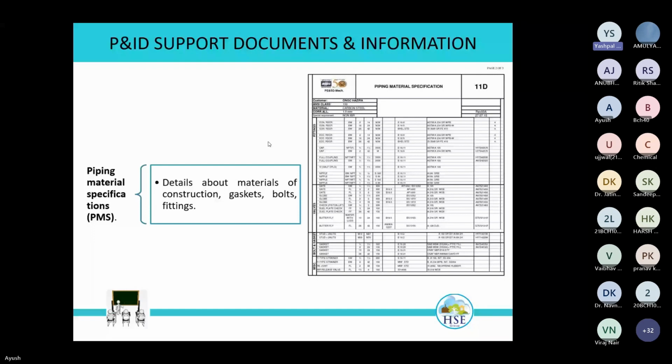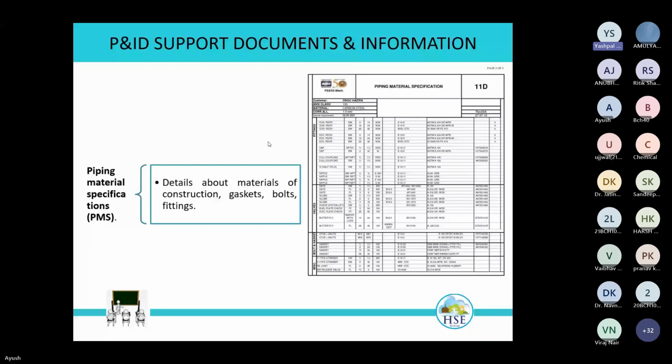You can find the MOC of the piping, the pressure rating of the piping, the utility or chemical for which it will be used, whether it is insulated or not insulated, and the use purpose, whether for hot or cold service. All this information we should provide in the P&ID, and for that we need a specification of that particular piping material. Next one please.